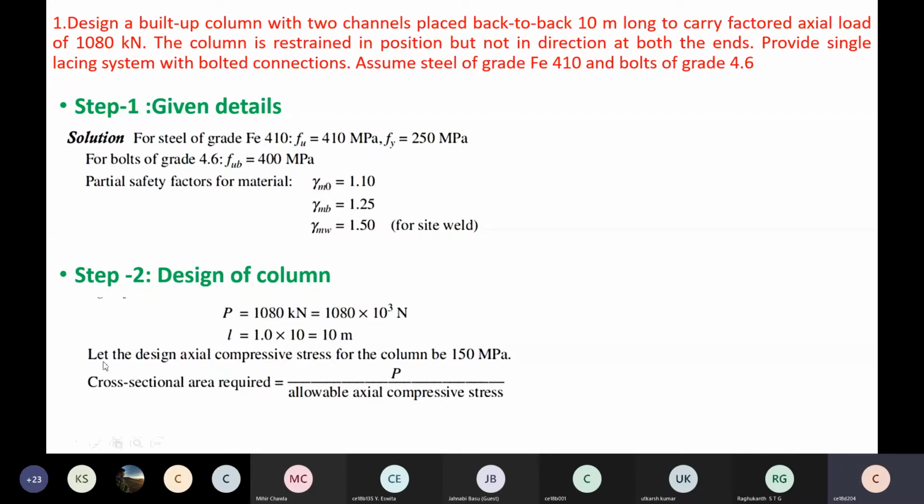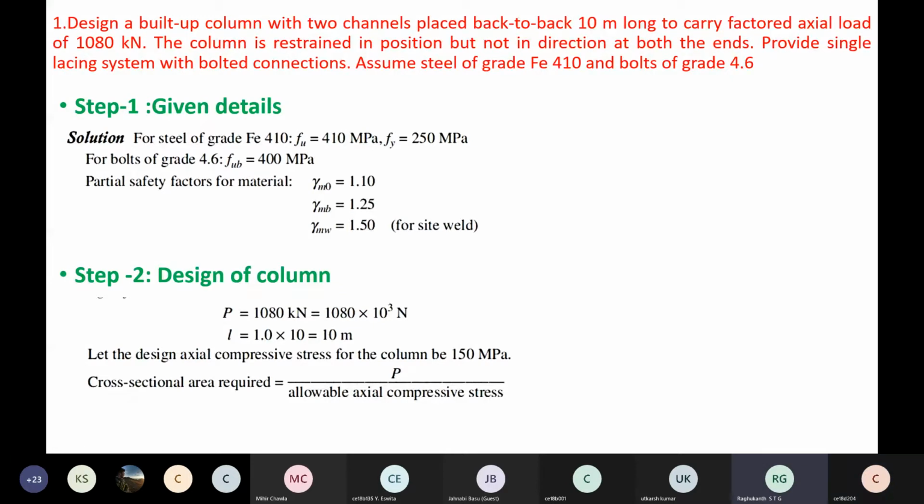In this problem, we assume the design axial compressive stress as 150 MPa, which is 0.6 times Fy. We calculate the cross-sectional area required for the given load: area equals P by the allowable axial compressive stress. Calculate the value and let us know.